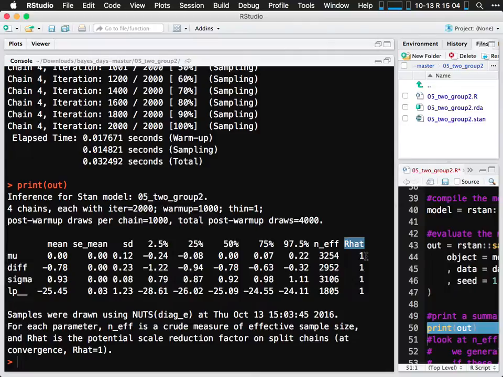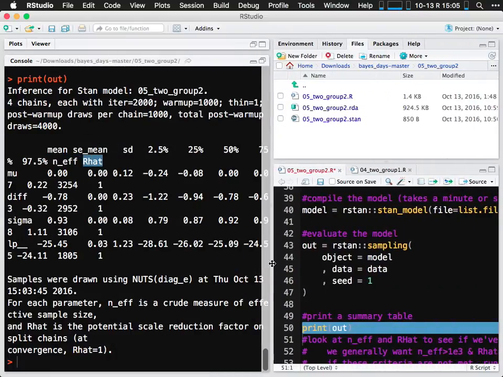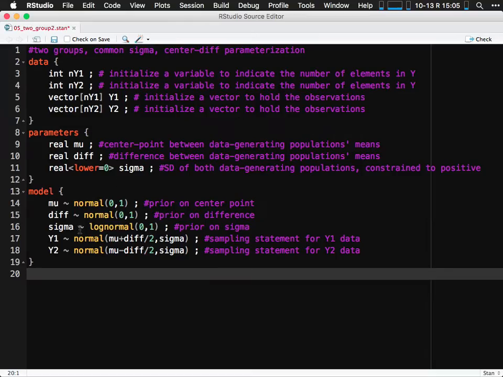Yeah. So you've got your working directory set to 05? No, it says it's set to 04. That's my problem. You've got the stan file set to 05.